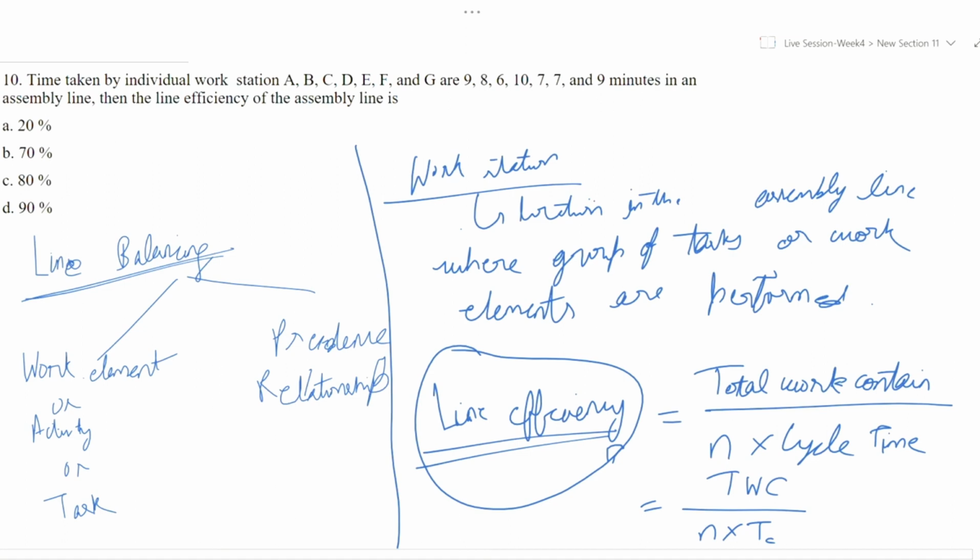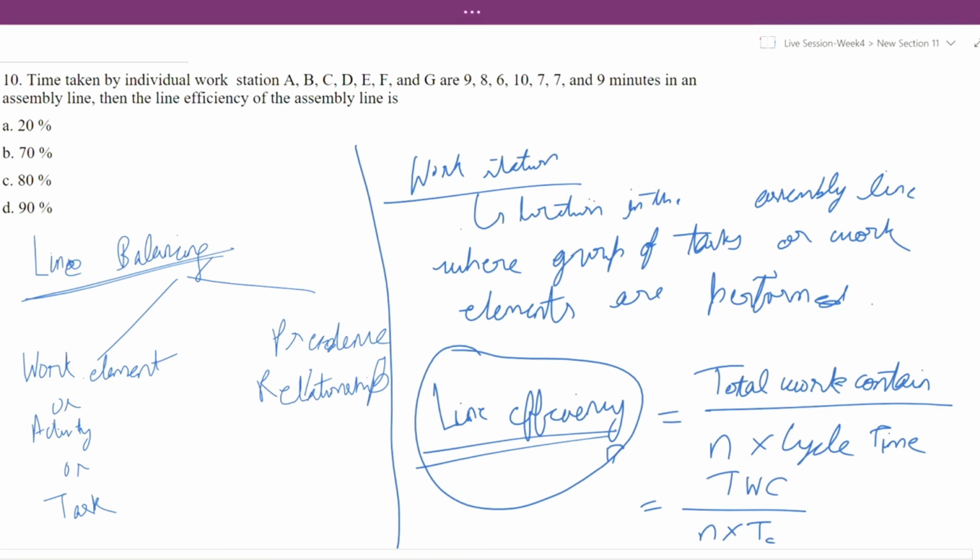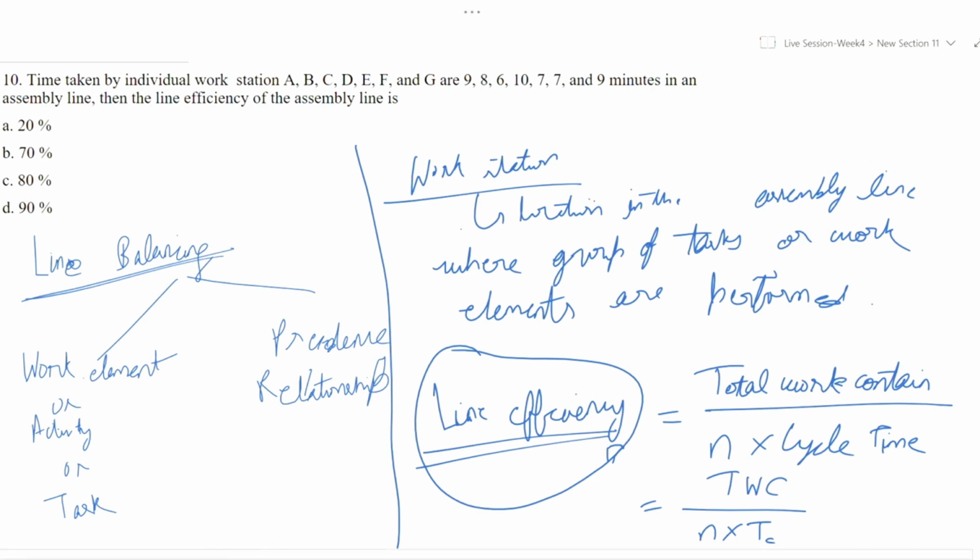So 10 is the highest task time, so this is the minimum cycle time. Minimum cycle time is always greater than or equal to the maximum task time.